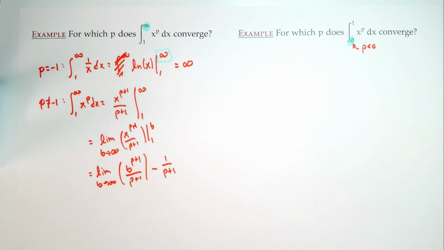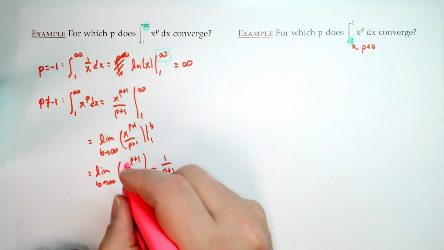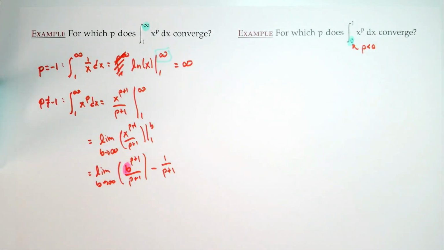Okay. So now we think about what's happening. You have to be careful about what's changing and what's not changing. What's changing is the b. This is the part which is moving around, and it's getting bigger and bigger. So the question is, given that it's getting bigger and bigger, which power, p, is going to be good?